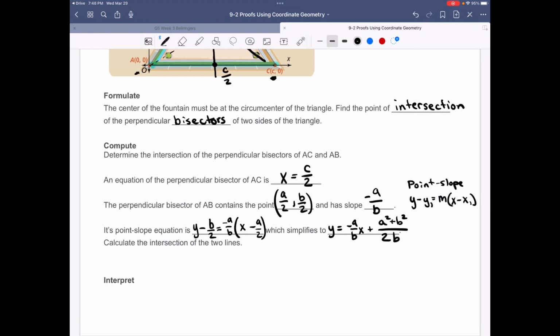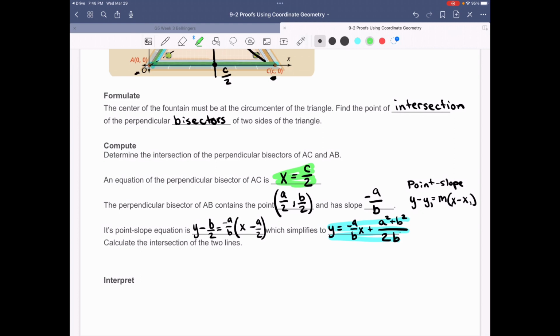Next, we have to calculate the intersection of the two lines. So we have two lines. We have this line and we have this line, which was just a vertical line. We want to calculate the intersection.